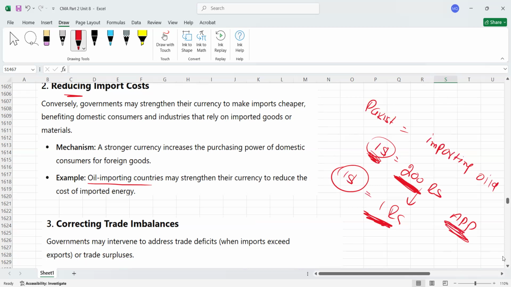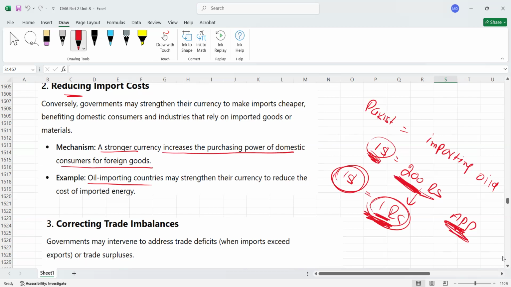When you appreciate your local currency like the Pakistani rupee, the first effect is on imports. A stronger currency increases the purchasing power of domestic consumers for foreign goods, because you can buy $1 by spending 1 rupee, and you can import the goods also. This is the first effect.